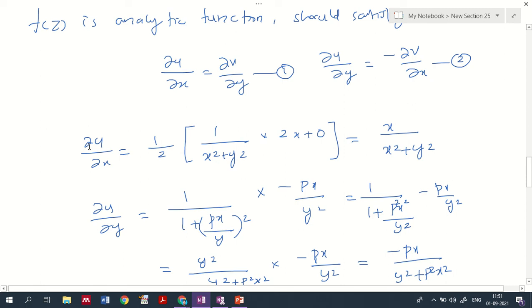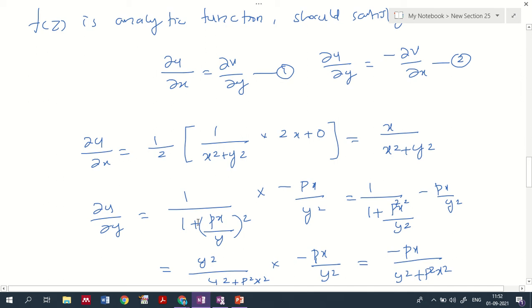If you take the partial derivative with respect to x, you will get half into 1 by x square plus y square into 2x plus 0, because we also have to differentiate x square plus y square. So dou u by dou x is x by x square plus y square.